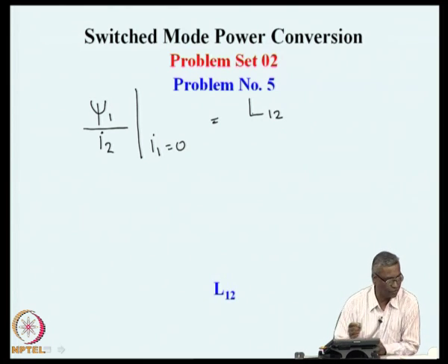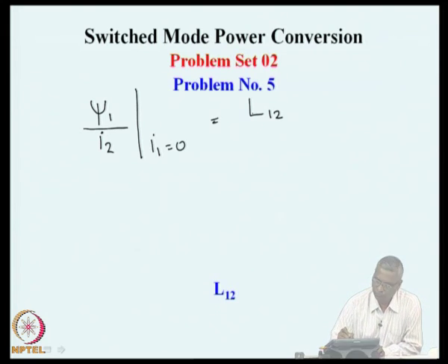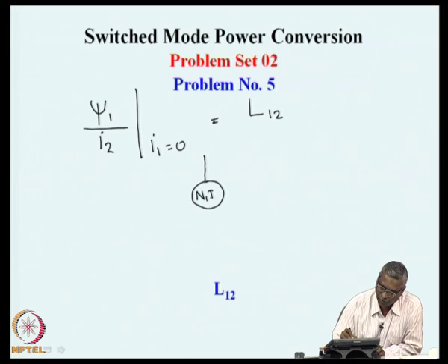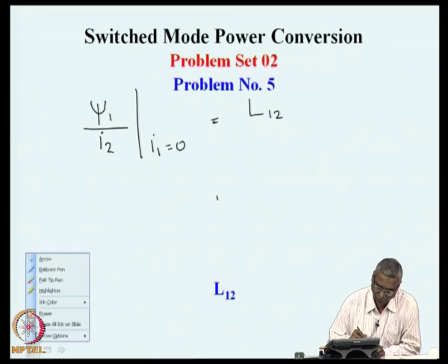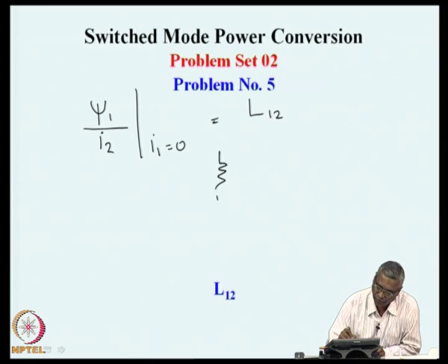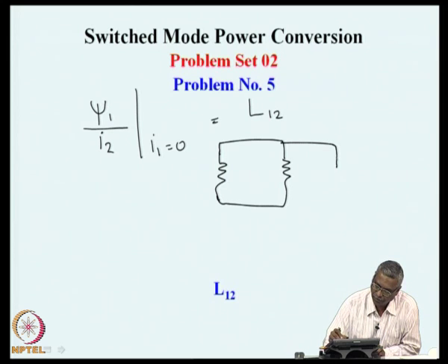And in the equivalent circuit, if we draw this equivalent circuit, we might see that N1 I1 is 0. So, let us take the other case, N2.